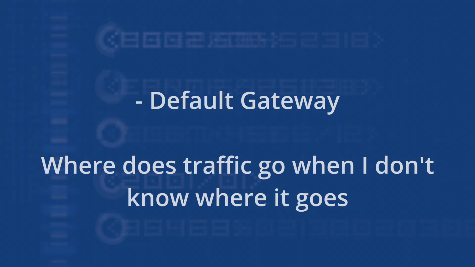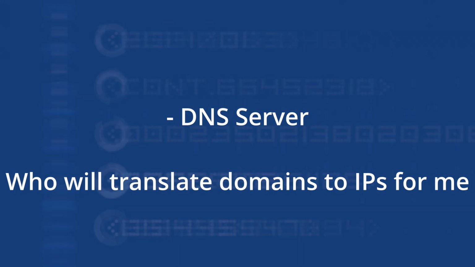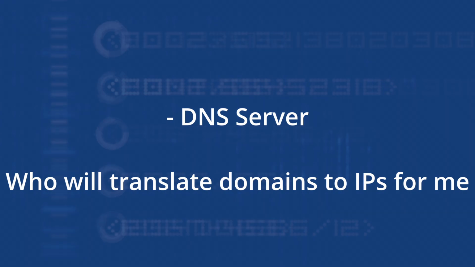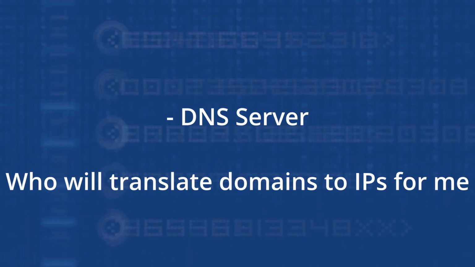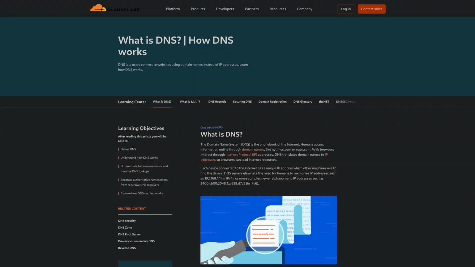And finally is the DNS servers. DHCP will hand out the IP address of where you're going to talk to get your DNS resolution. DNS, also known as the domain name system, is simply what translates domain names and IP addresses.